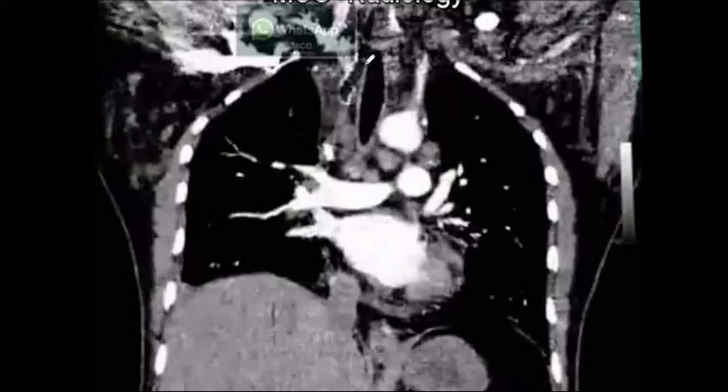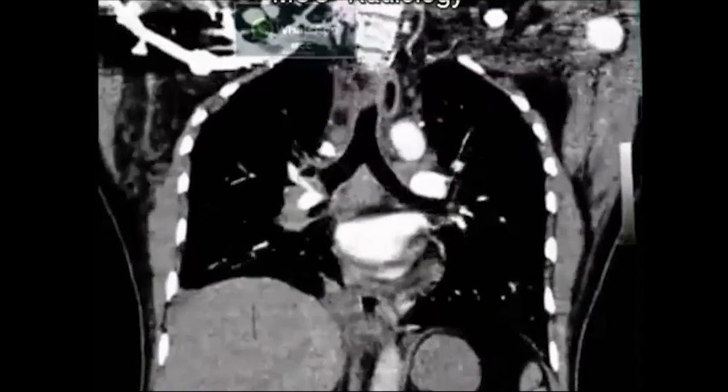Here you can see part of trachea is also visible. So let us scroll. Now you can see this trachea has already bifurcated into its main left and right bronchus. So still we can see this is the arch of aorta, this is pulmonary trunk, and this is the left ventricle.